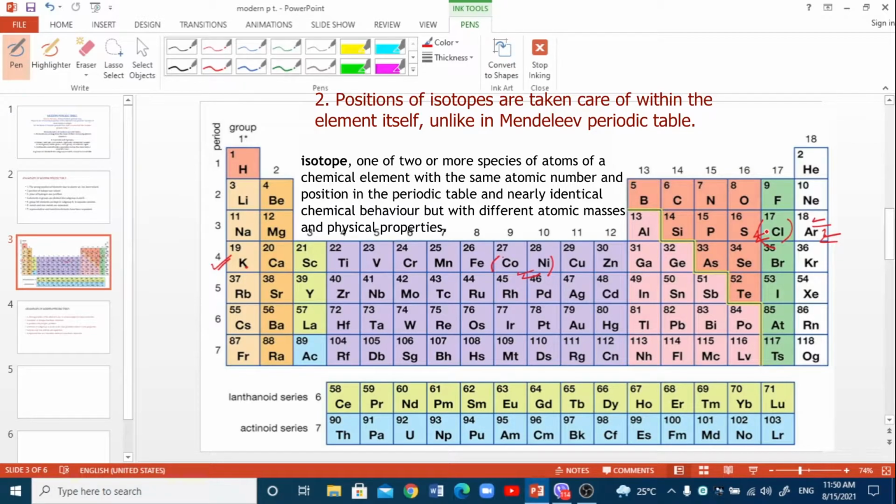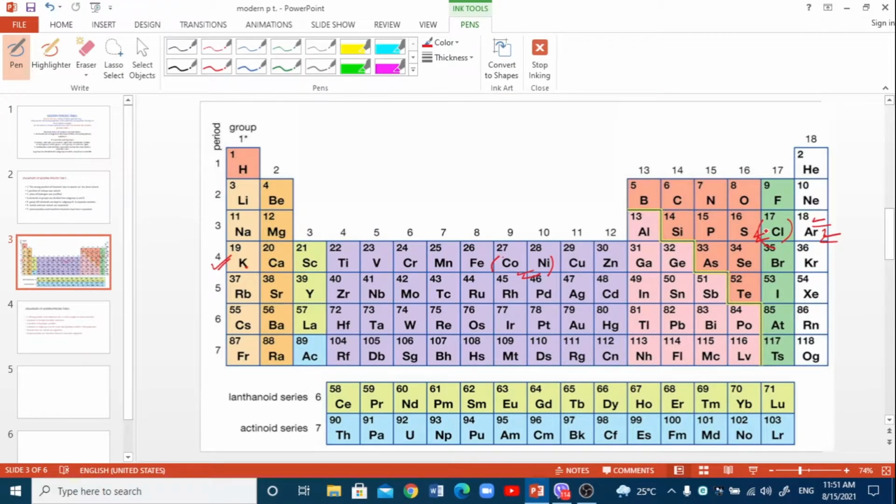When the table was made on the basis of atomic weight, an element like chlorine required two positions, because it has two atomic weights according to isotopes. But when it was kept on the basis of atomic number, these two positions were not required. That is why the problem of isotopes is solved in this table. Chlorine required only one position, which is atomic number 17. So position of isotopes was solved.